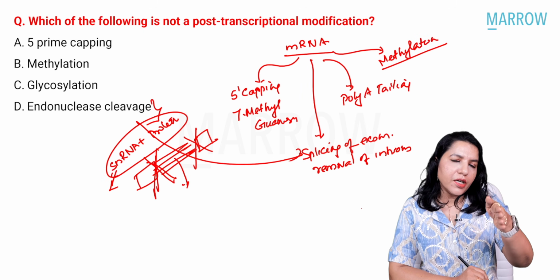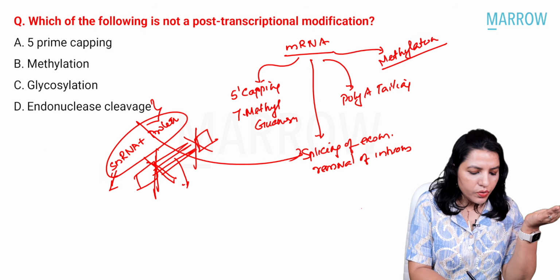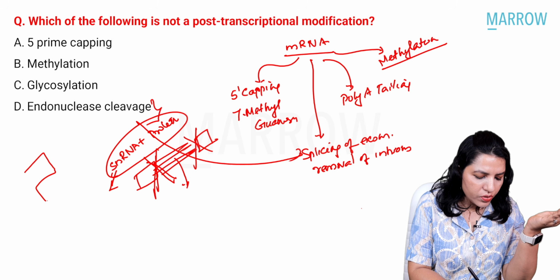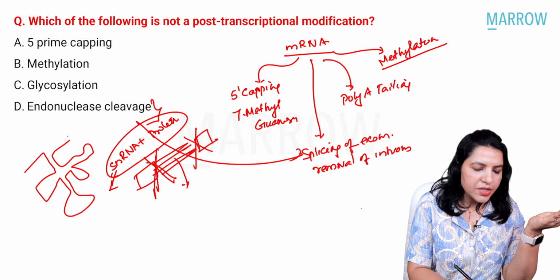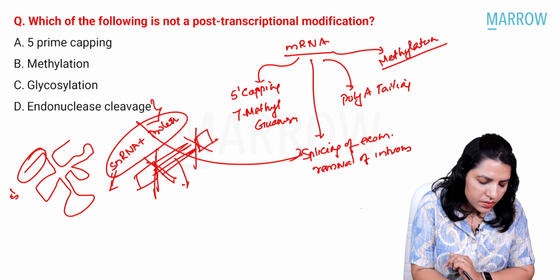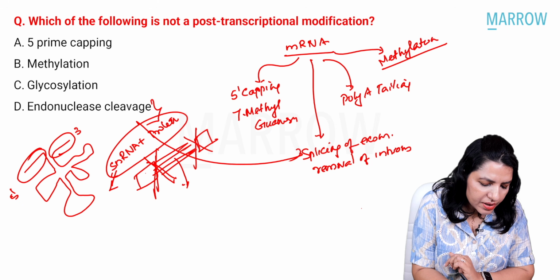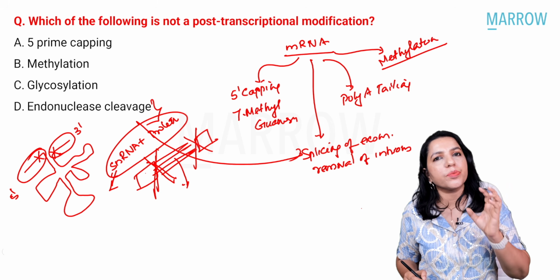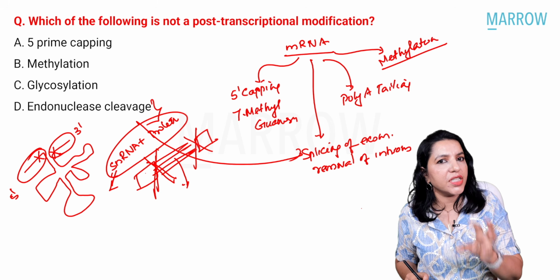Now, if you think about the tRNA, before the complete modified form of this tRNA, it actually has an extra region in the 5' region. Then there is some extra region in the 3' region. So these extra regions have to be cut before it becomes the complete mature tRNA.